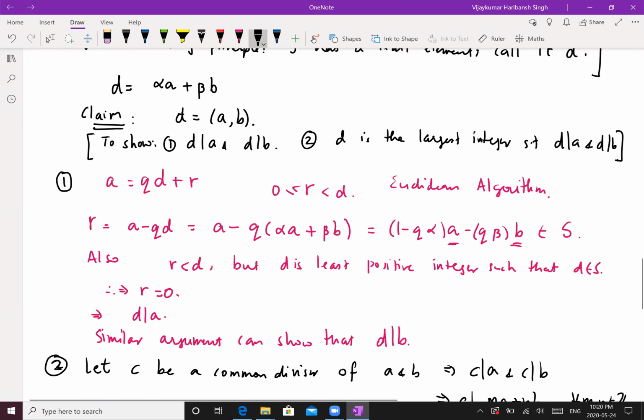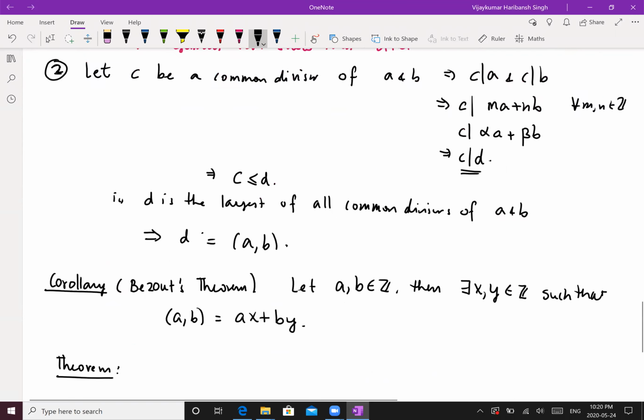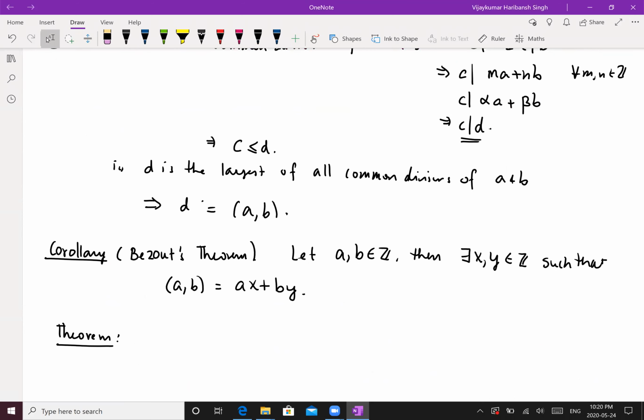Basically it says the following. If you look at the set S, it's all linear combinations of A and B, and those linear combinations are essentially integer multiples of the GCD.